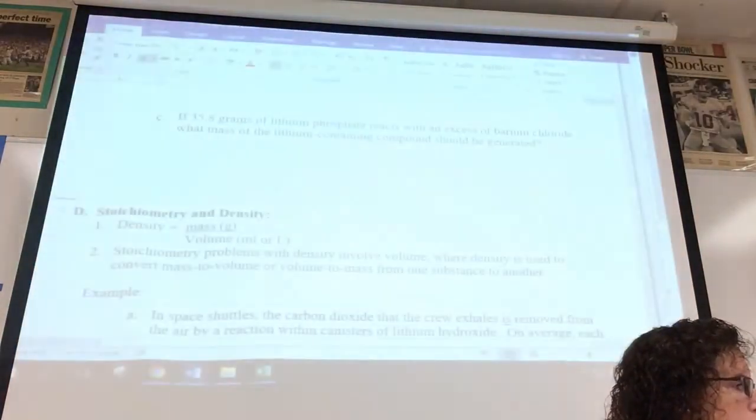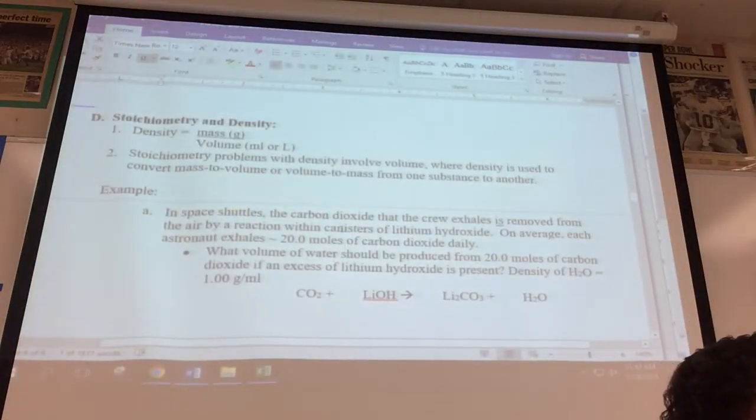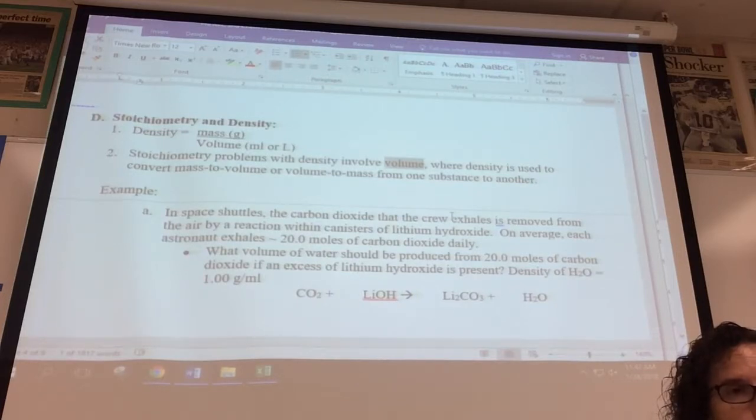So we can do conversions where we're either given volume and asked for the moles or mass of a different substance, or we can convert, for example, from mass or moles of one substance to the volume of a different substance. And typically, when you're dealing with volume, you'll very often have a gas.